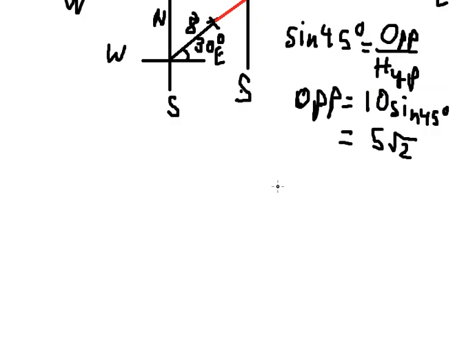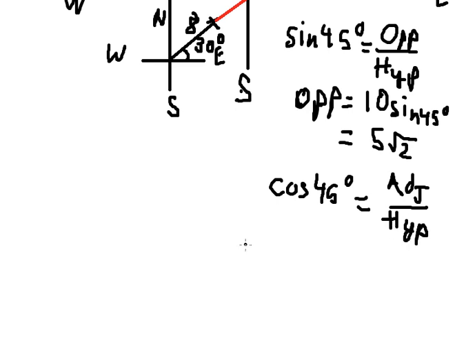Now we go to cosine 45 degrees. We can find adjacent over hypotenuse. So we can find the adjacent.